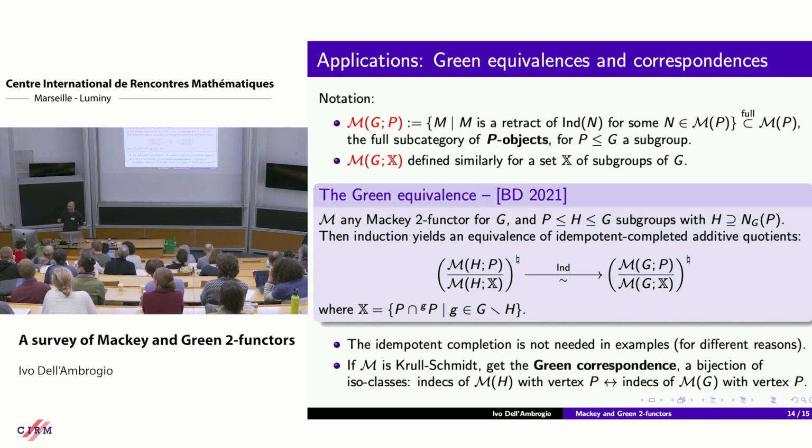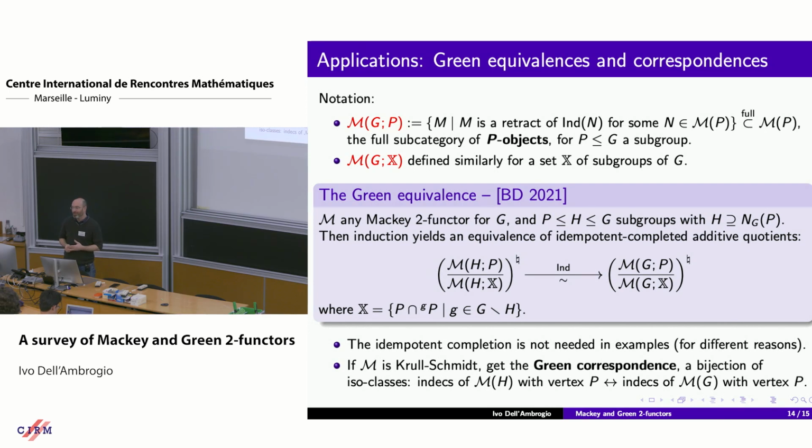I have a student who is working seriously on putting as target an arbitrary symmetric monoidal additive two-category, and then you can use deconvolution to define your Green two-functors and stuff like that, and then you can do things more systematically, like putting multiplicative structures in the picture. But I think we are still a long way from understanding what the definition should be here.